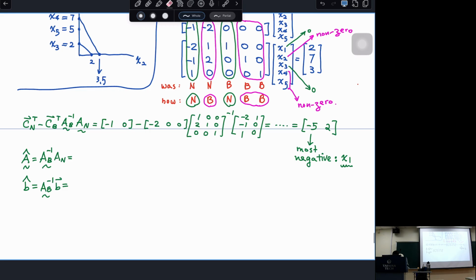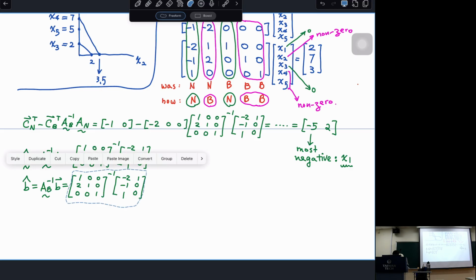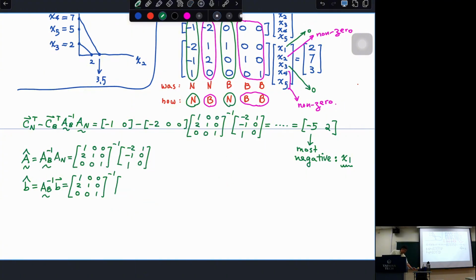Copy, paste, paste. Delete. Then 2, 7, 3. You still need to compute for these, and I have the result already.